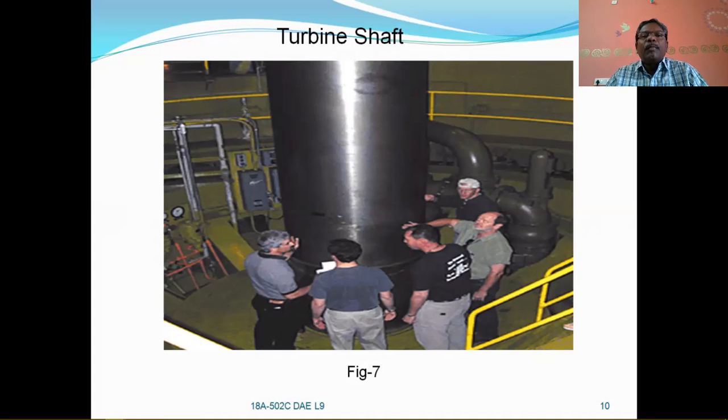That means in the turbine we convert heat energy into mechanical energy, whereas in the generator, we transfer this mechanical energy into electrical energy.